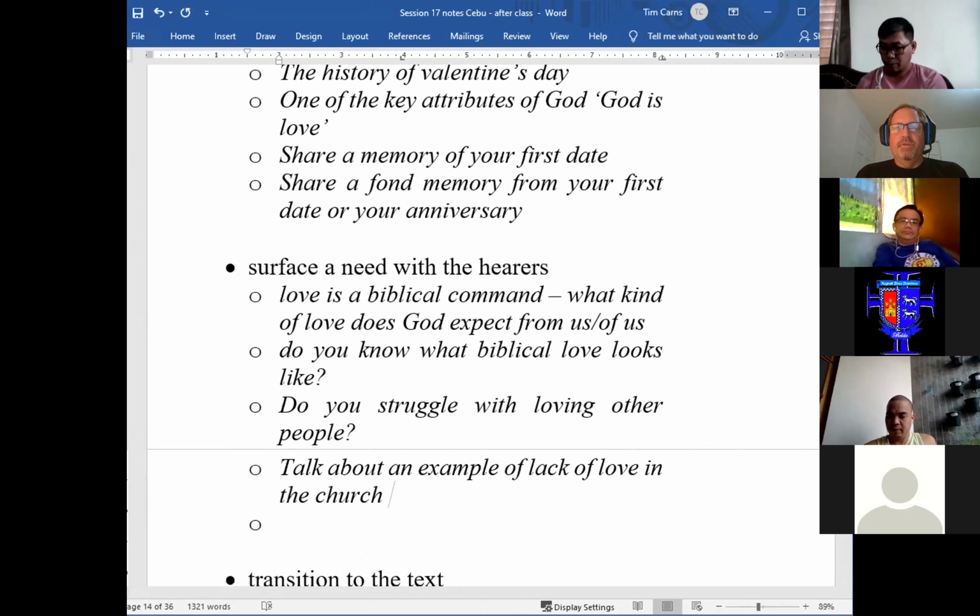Do you see some where there's a lack of love? Does that bother you? Maybe you're in that situation right now where there's somebody here that you're struggling to love. What does God have to say about that? And how do we get to the point that we can truly love the way God desires us to love? So you're asking questions that hopefully surface a need.